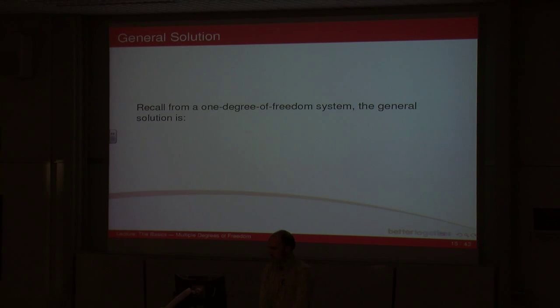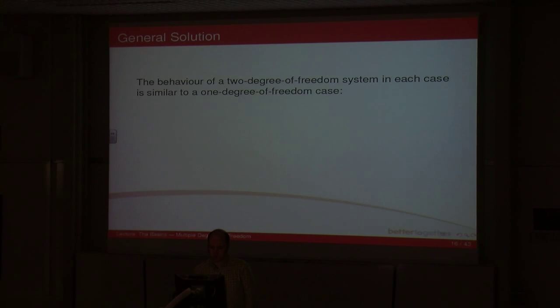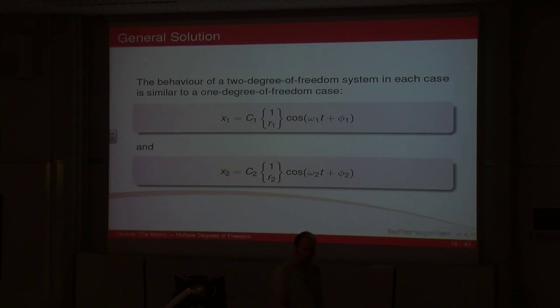The next thing is looking at the general solution. Now we know from a 1 degree of freedom system we had this as our general solution. This is back in chapter 2. And here we've got 2 oscillations, 2 degrees of freedom, and you can separate them out. You've got x1 and x2, and this is basically the same equation. We've just got these vectors in here which represent the mode shapes.